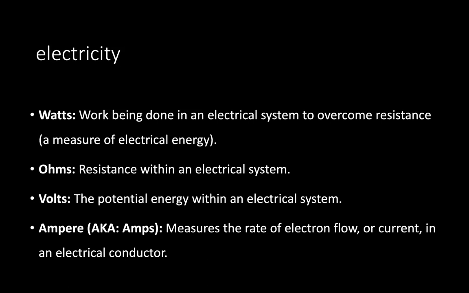And then the two underneath that are more common terms you've probably seen. Volts is the potential energy within an electrical system. So things are rated in volts. Batteries, right? There's a 9-volt. That's the potential energy that this battery can give off. Whatever you're using might not take the whole 9 volts, but knowing that your battery can give all 9 volts is the idea here.